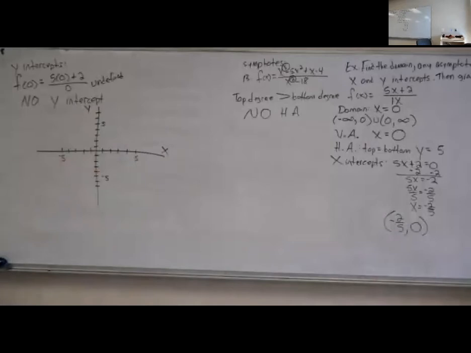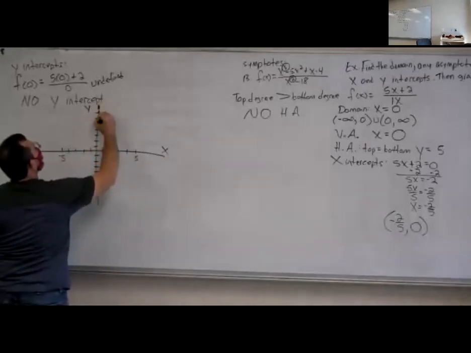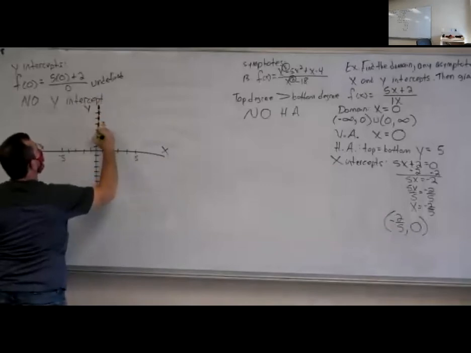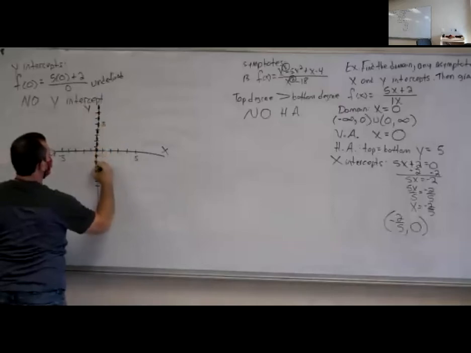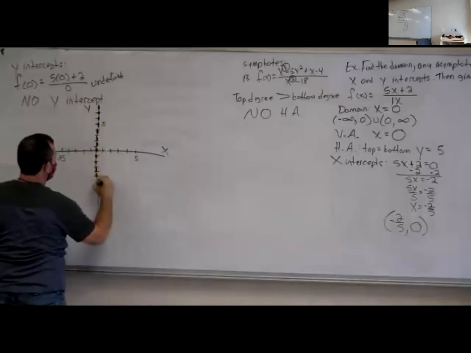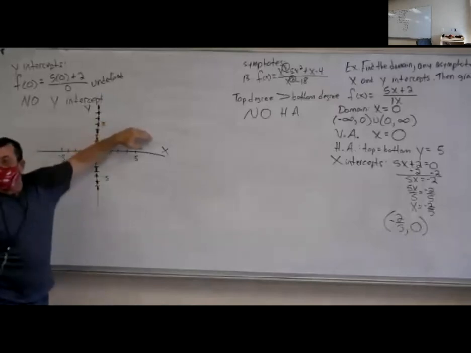First of all, I got a vertical asymptote right on the y-axis at 0, right? Which means this is now an imaginary dotted line coming down through here. Mine is sort of fat so I can see the difference between the x-axis and the y-axis. But my graph will not cross over this line.